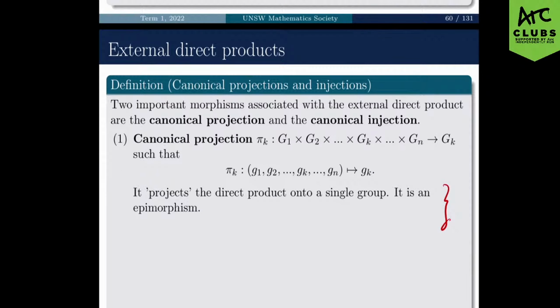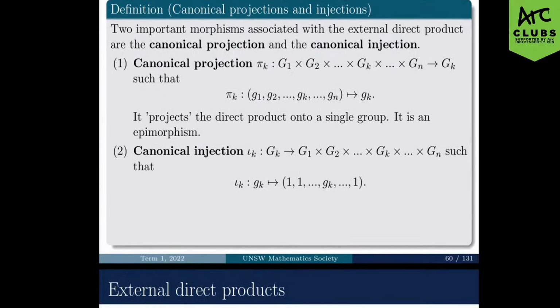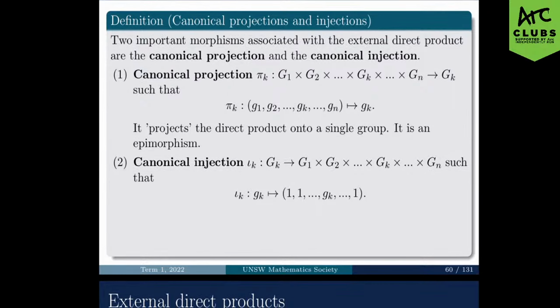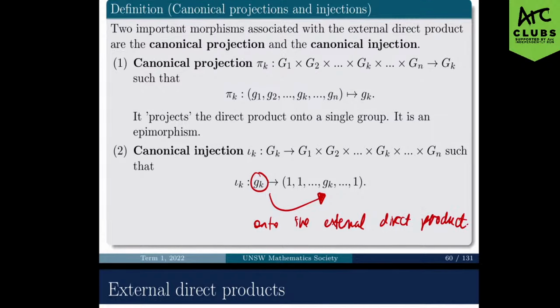And the canonical injection is injective. So what it basically is, you take one element and you project it onto the external direct product. What you do is you don't want to add any extra information, so you just fill in the rest of the components with the identity.